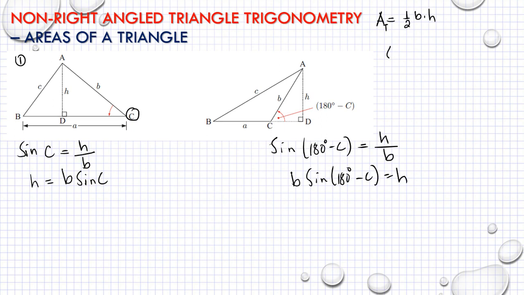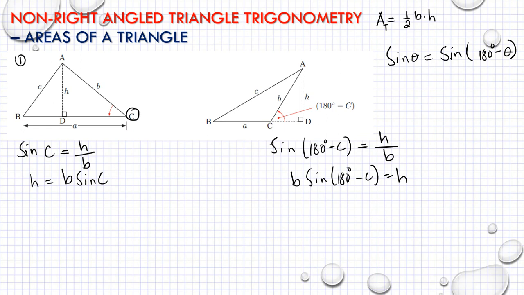And we know that sine theta is equal to sine of 180 degrees minus theta. They are the same. Why? Because sine is positive in the first quadrant and positive in the second quadrant.